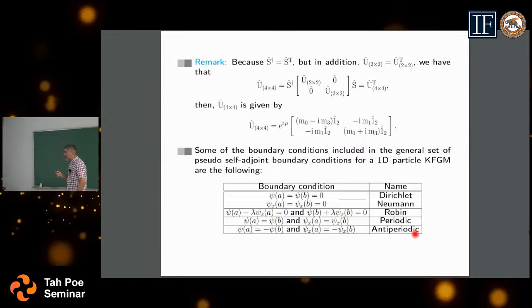For example, you have here boundary conditions included in our general family. So if you have a Klein-Fock-Gordon particle, and the particle is strictly neutral, so it's Majorana type, you can impose Dirichlet, Neumann, Robin, or periodic and antiperiodic boundary conditions, as you want.